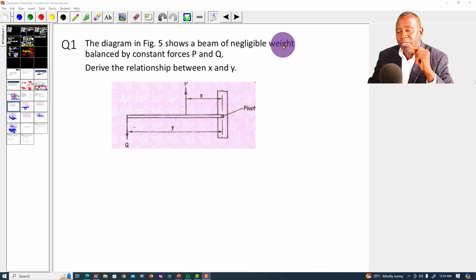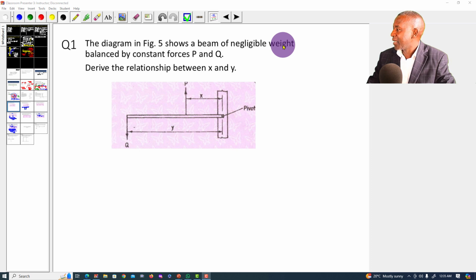If you were to include the weight of the beam in that calculation, it would not change the answer very much. So we neglect its weight. But remember, there are some questions whereby you will be required to consider the weight of the beam or the weight of the object on which forces are acting.